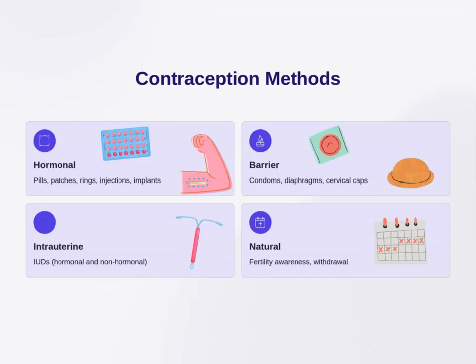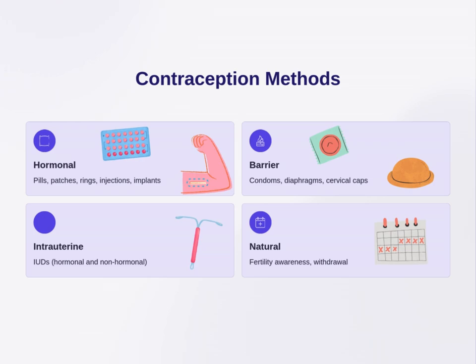IUDs, which are intrauterine devices, they can be non-hormonal, which is the copper IUD, the Paragard, which lasts about 10 years, or hormonal like the Mirena, which is 5 years. Is it 8 years now? New studies are showing that it can be left in longer. So those are inserted into the uterus.